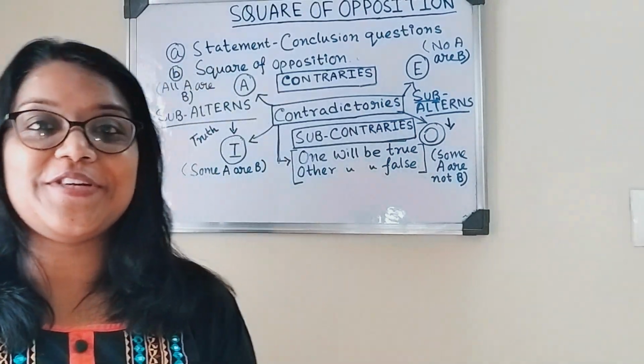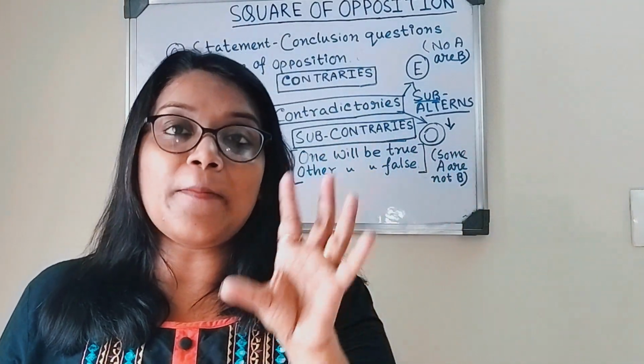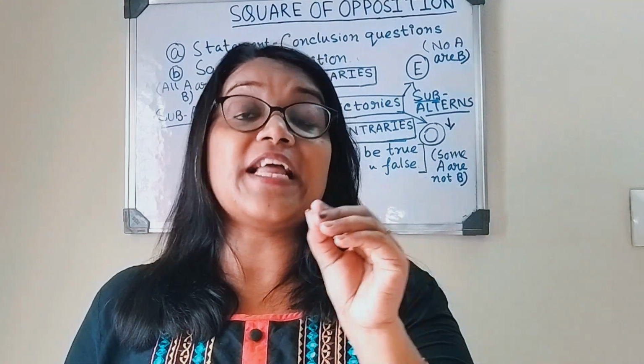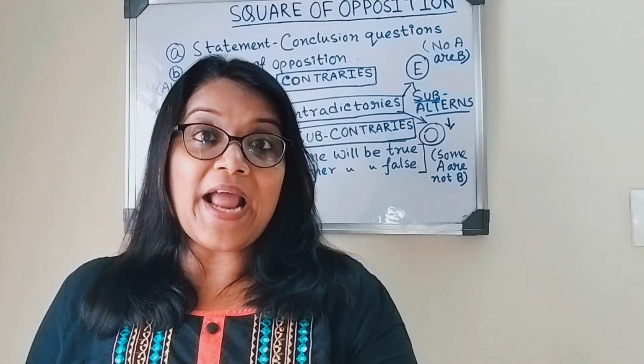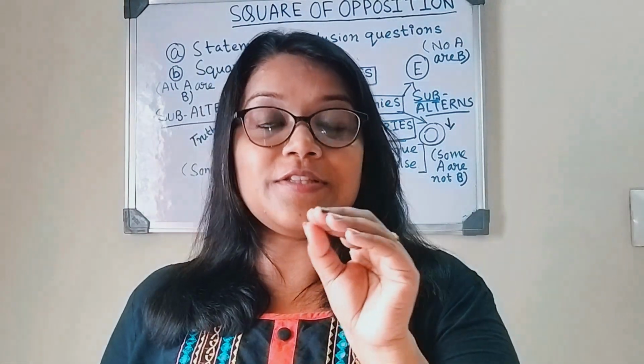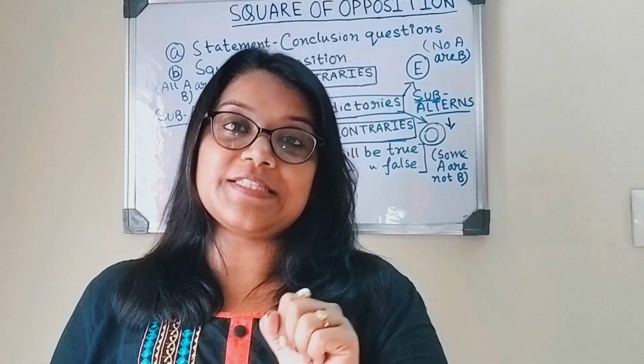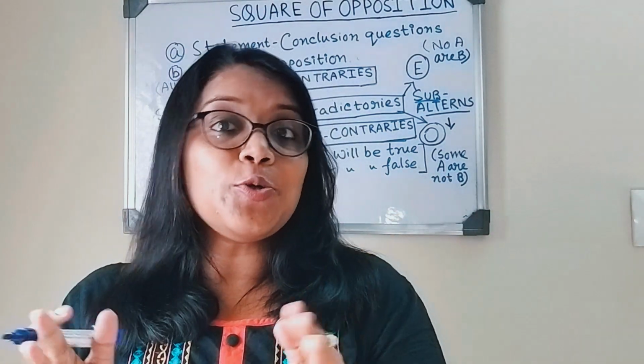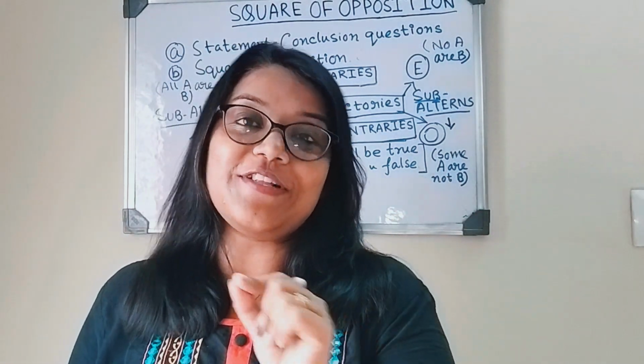Basically, subcontraries is just opposite to the contraries, because in the combination of the contraries they cannot be true together but can be false together. And in the third combination of the statement, subcontraries basically indicates both statements can be true together but cannot be false together.